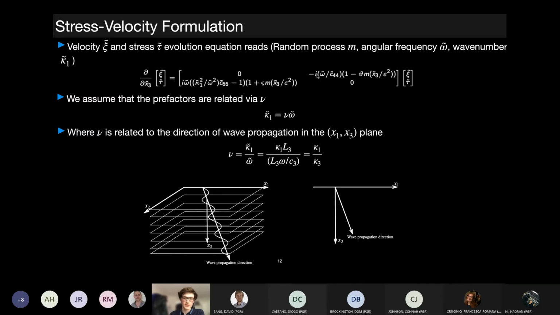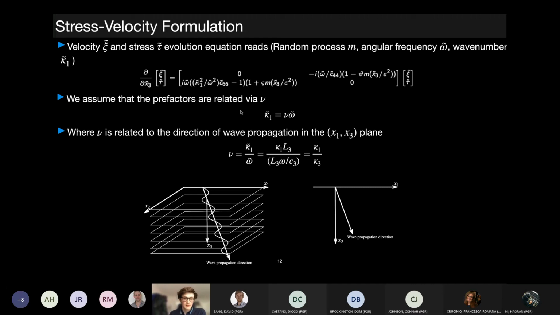The important thing to note is that if this was a homogenization model, where you don't account for any fluctuations in the material properties, this M, our Markov process, would essentially be zero. If we set it to zero, we would recover a deterministic problem. But we keep this M in, and it's what differentiates our model from the simplified deterministic models that a lot of people use in their imaging algorithms.